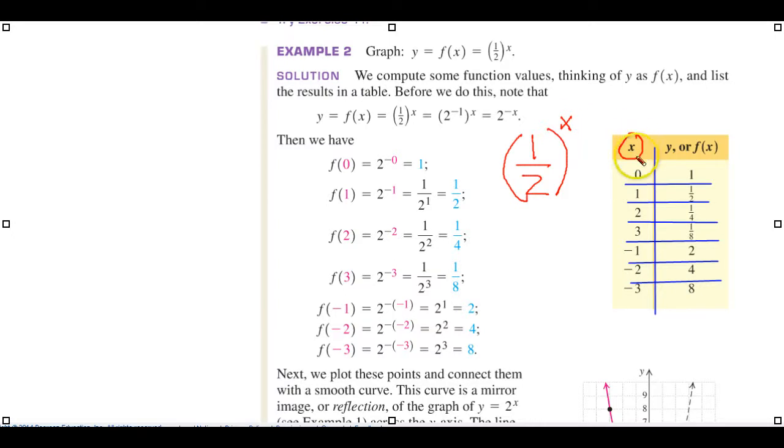So if our first value of x is 0, we said anything to the 0 power was 1. If our exponent is 1, then this just becomes 1/2. If our exponent is 2, then this becomes 1/4.